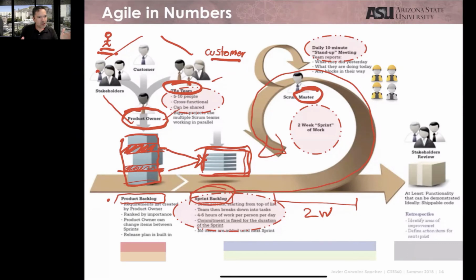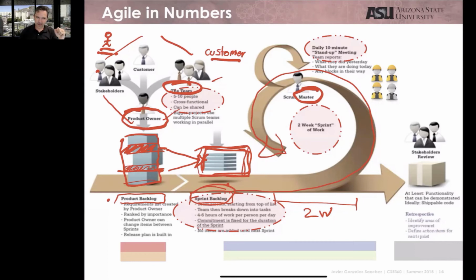Because remember, your team selected those activities. So when you select those activities, it's because you are sure that your skills are the ones that are needed in order to complete all of this in 2 weeks. Your plan, your goal is to have all of this done the next 2 weeks. And you have the skills to complete that.